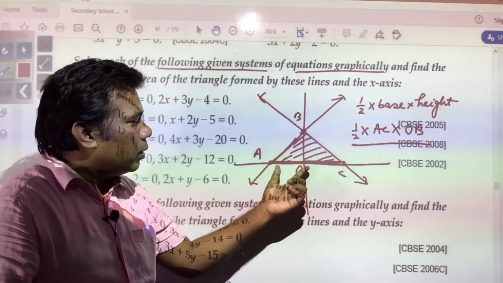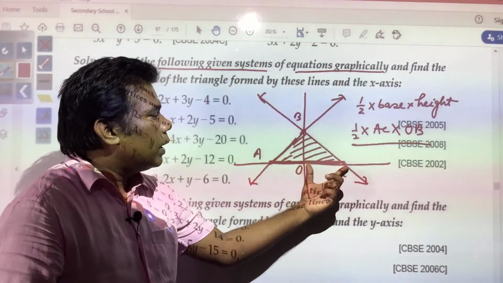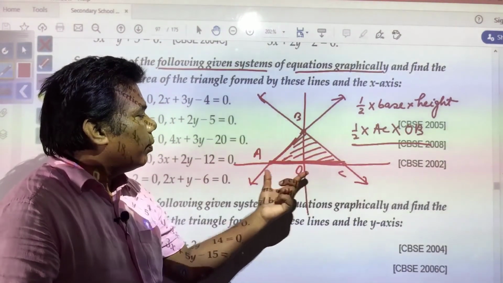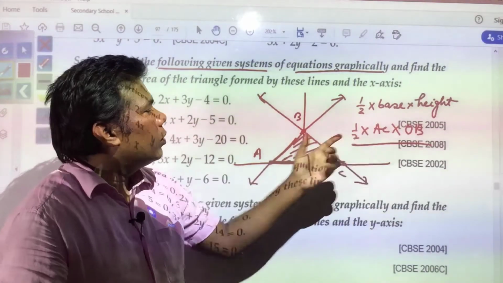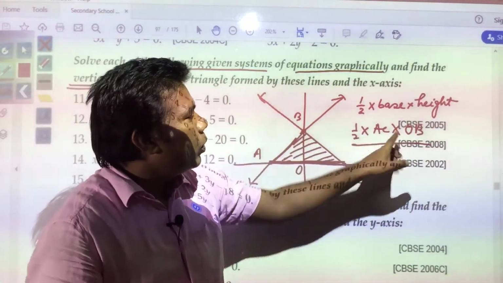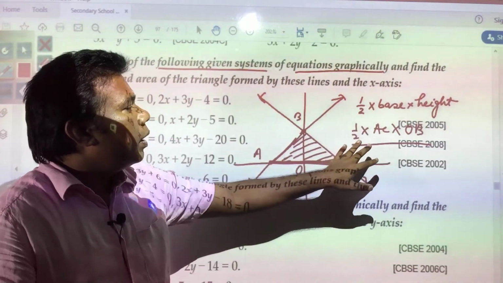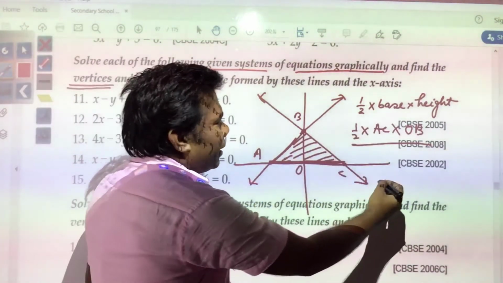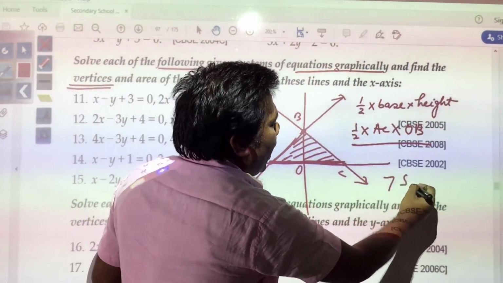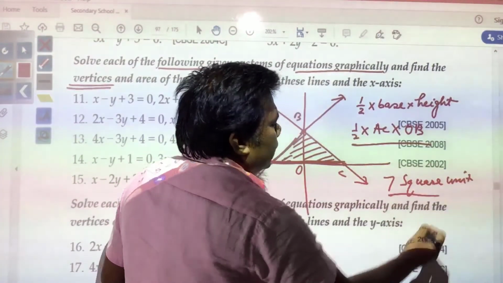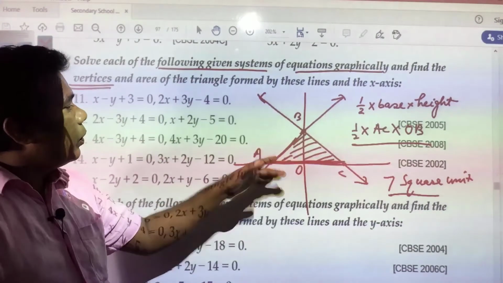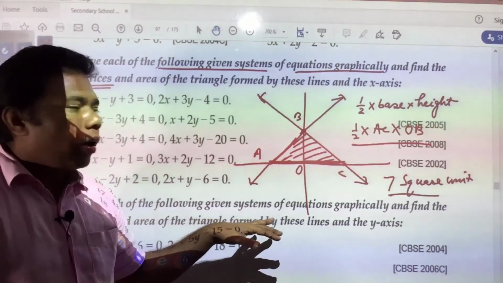So add that. Suppose OC is 5 and OA is 2, so it will become 7, and into height, suppose OB is 2, and you need to find the area. Suppose you are getting 7, so 7 square units will be your answer, the area of this triangle. So in this way this is required to be solved.